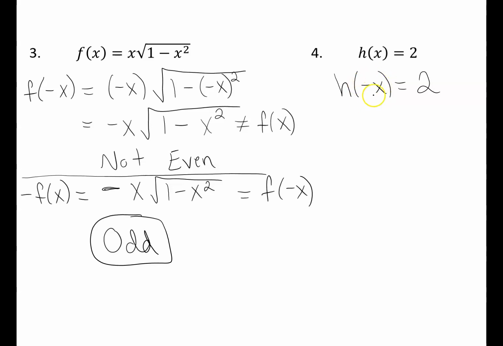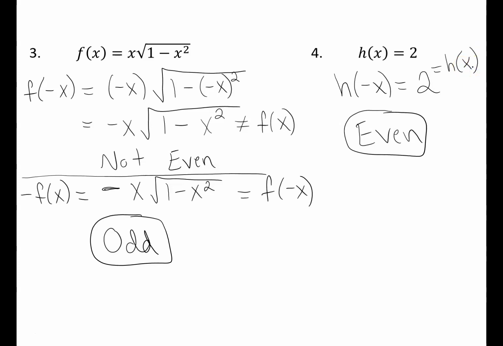No matter what's inside the parentheses, it just stays 2. And therefore, it is equal to the original. So the answer is even. This is equal to h of x.